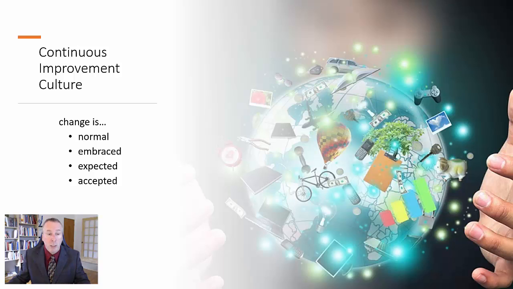They're not resistant. They know it's the normal part of the process of having a successful organization. They embrace it. They make the change and they move on. That is the ideal continuous improvement culture that is able to embrace and manage and deal with change.